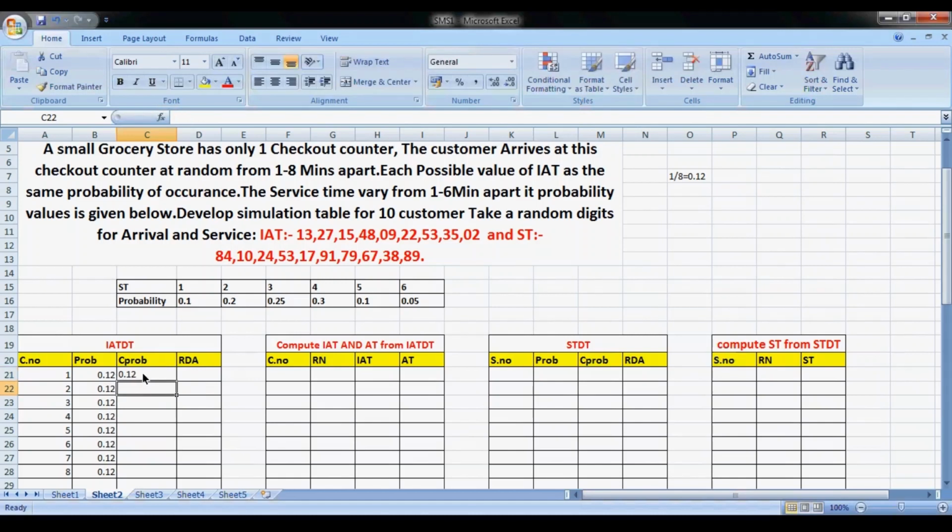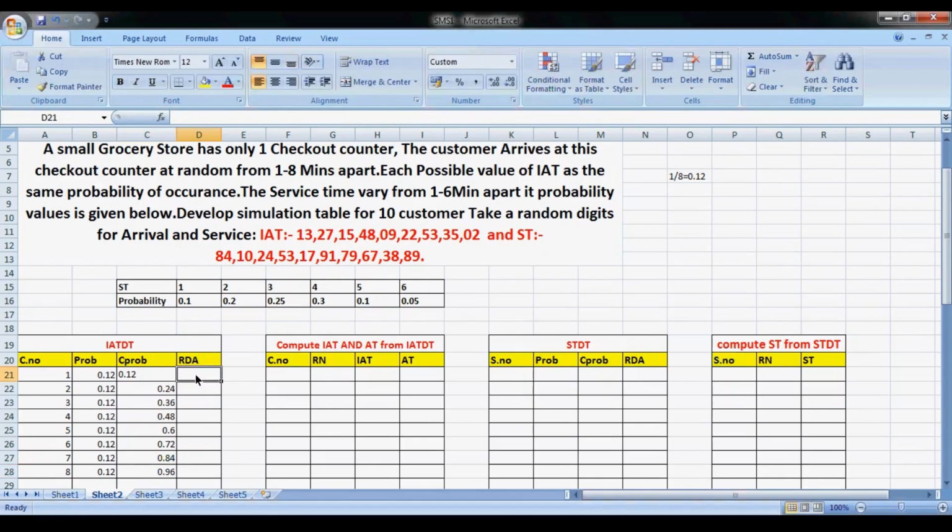For the second customer it is 0.12 plus 0.12, which gives 0.24. Then 0.24 plus 0.12 gives 0.36, then 0.48, then 0.6, then 0.72, then 0.84, and 0.84 plus 0.12 gives 0.96. This is the cumulative probability for 8 customers.